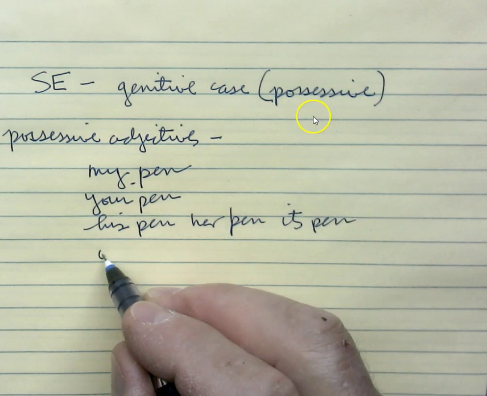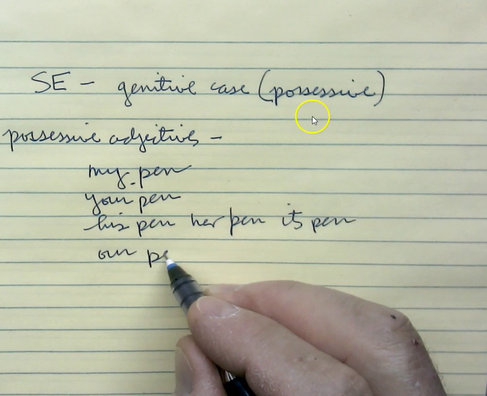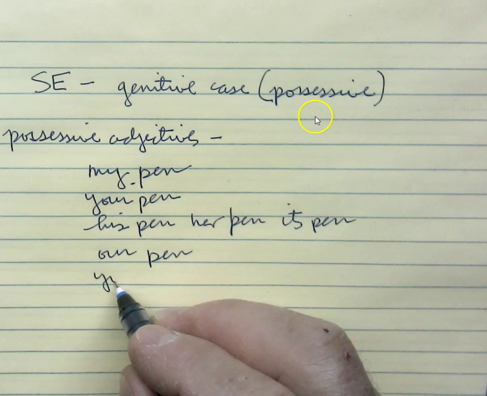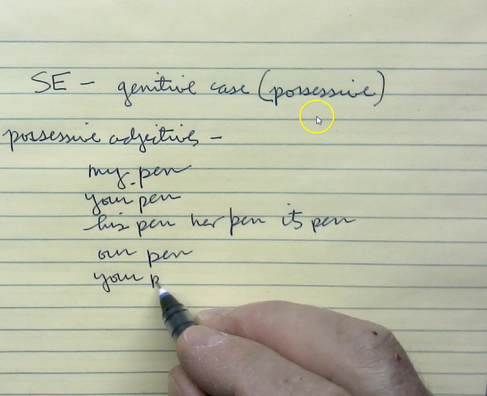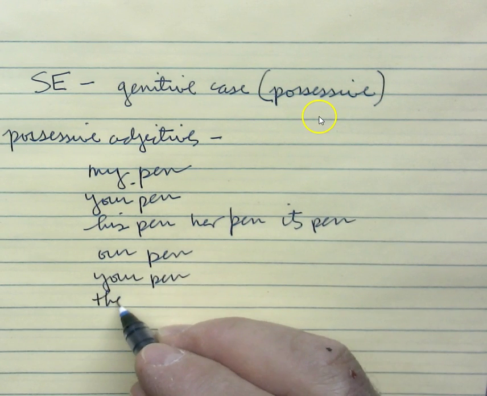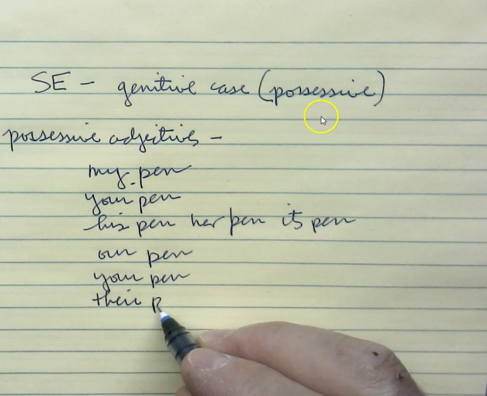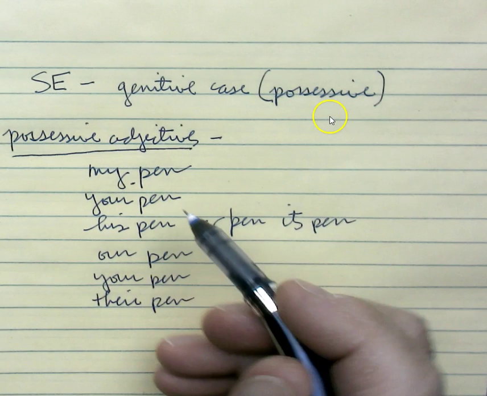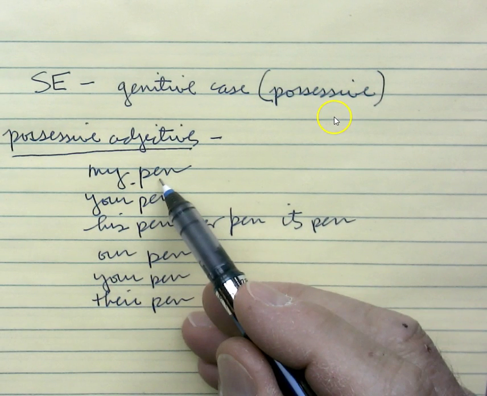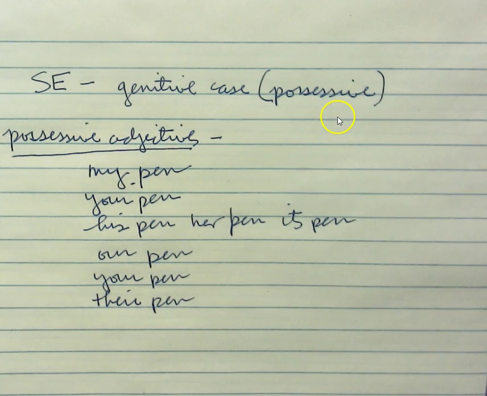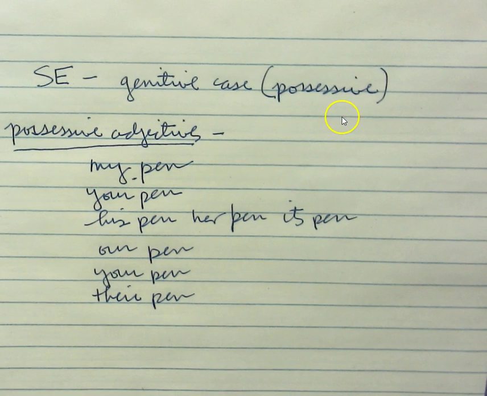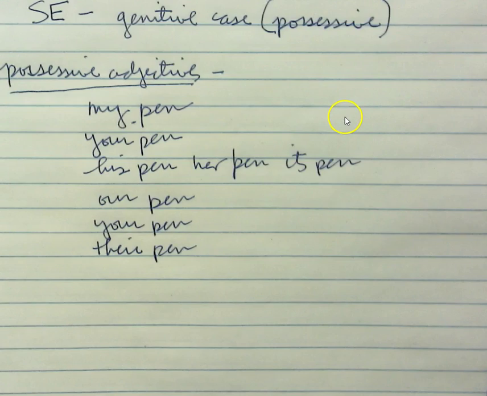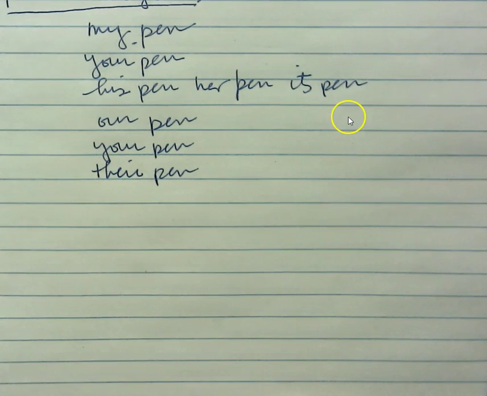And then we have our pen, your pen, plural, and their pen. And these are all possessive adjectives. They're used together with a noun. You can't just say, I have my. It's got to be my something or someone because it's an adjective. It needs to be together in a phrase with a noun.